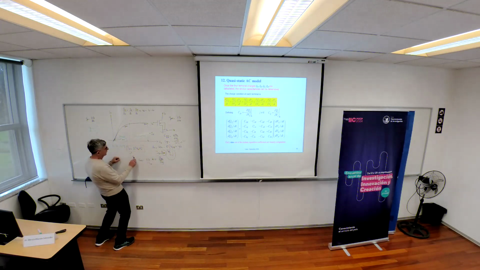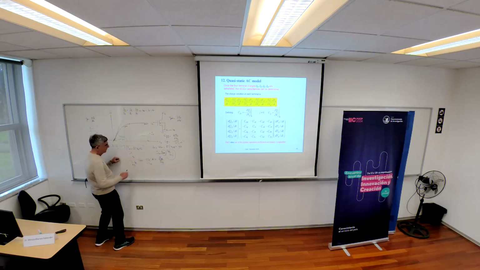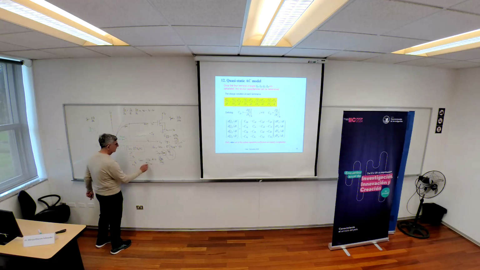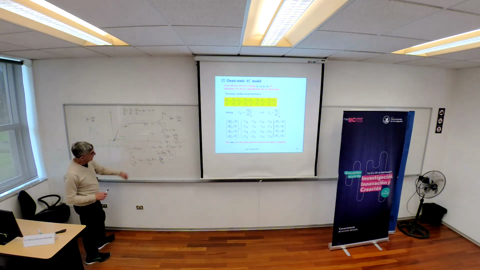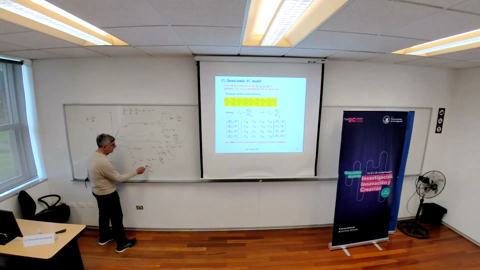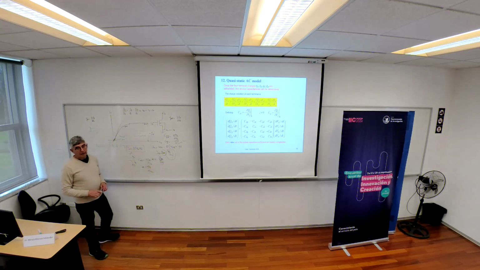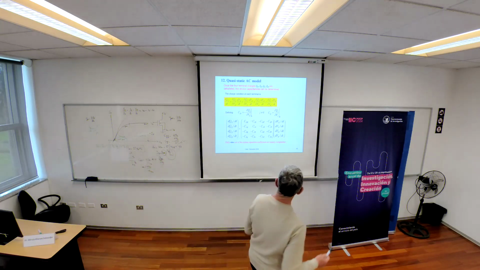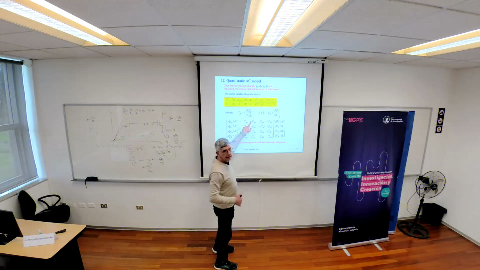Let's call this charge QA and this QB. But this charge here is the image of this one. So instead of writing CAB as dQA/dVAB, I can write CAB as minus dQB/dVAB, because this charge here is the image of this one, of course with a different sign. That's the reason why you have a minus sign here and there.